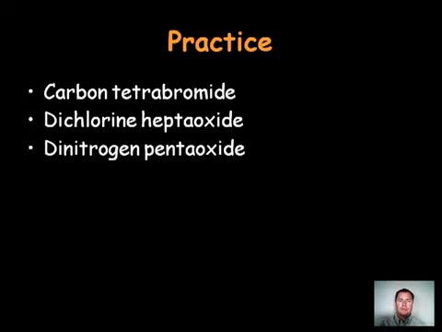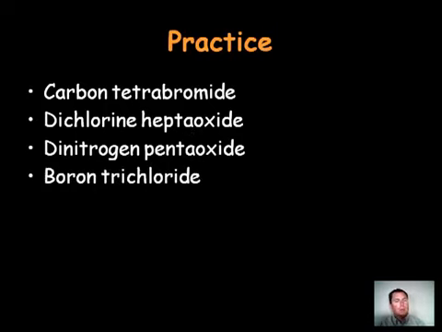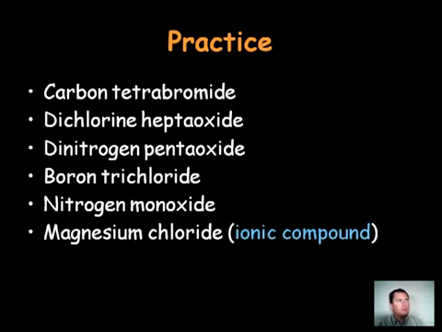Okay. Now notice it's only the mono that we worried about dropping the letters with the two letters there. Dinitrogen pentaoxide, boron trichloride, nitrogen monoxide, and then the last one here, see if you're paying attention, magnesium chloride.